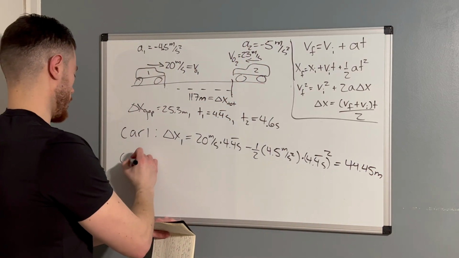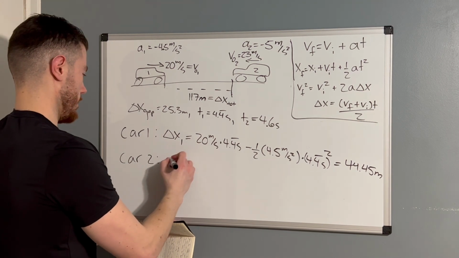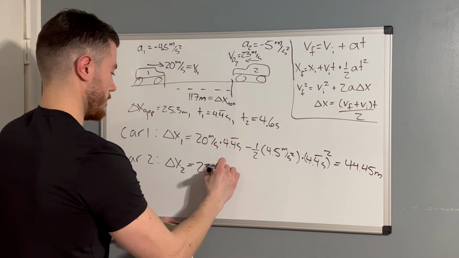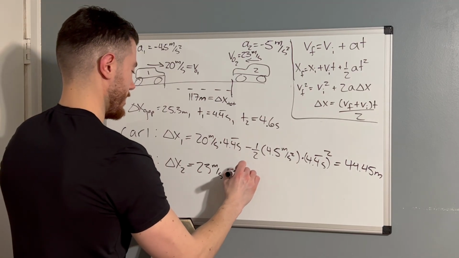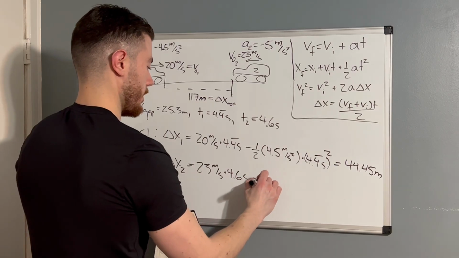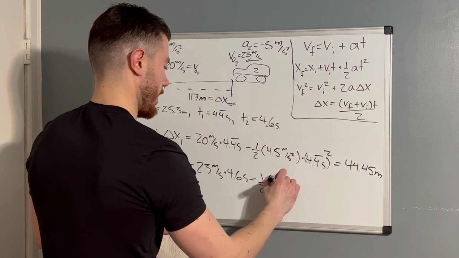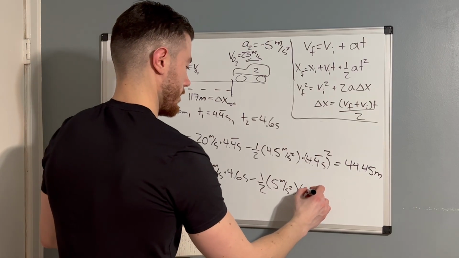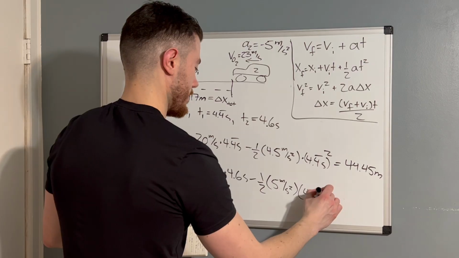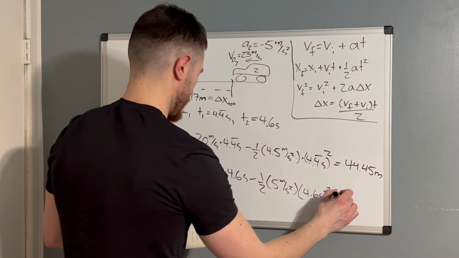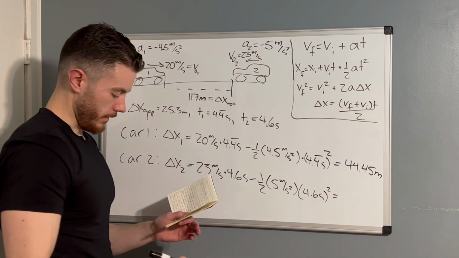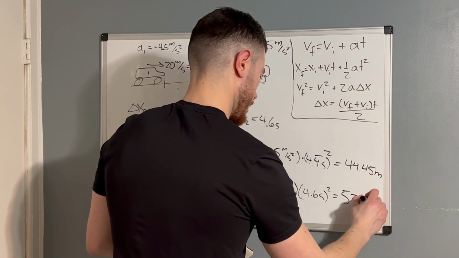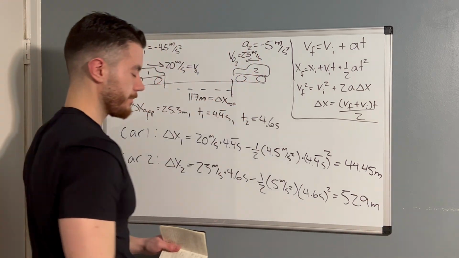And now let's do it for car 2. Delta x2 is equal to 23 meters per second times 4.6 seconds minus 1/2 times 5 meters per second squared times 4.6 seconds squared, and that is equal to 52.9 meters.